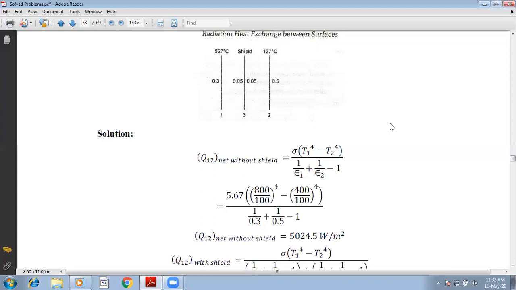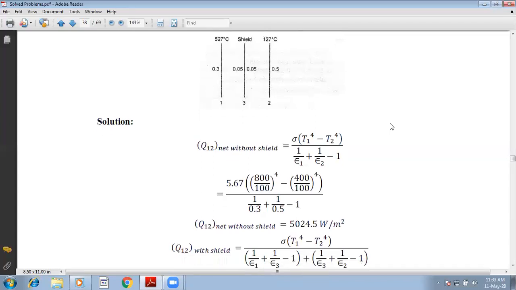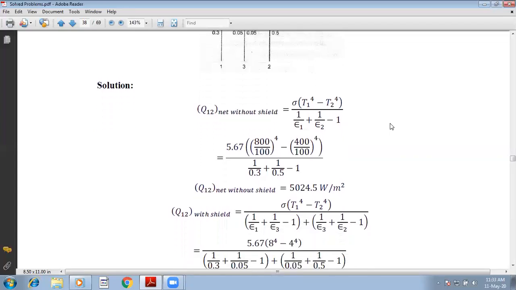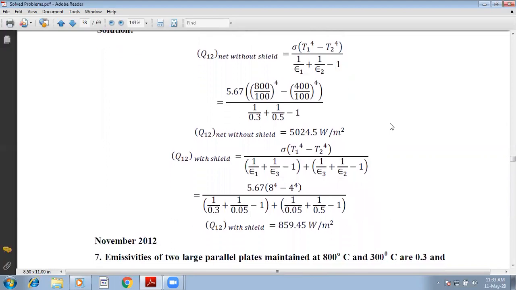Now coming to the second part of the question, that is, suppose we place a radiation shield, then what will be the heat transfer? Now again, we need to consider the temperatures of both surfaces.